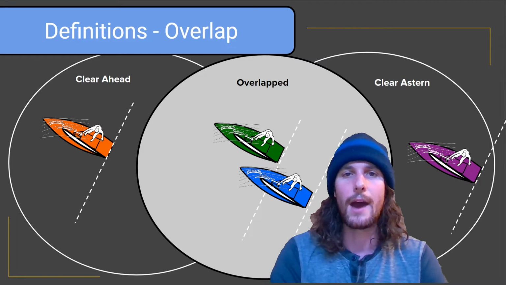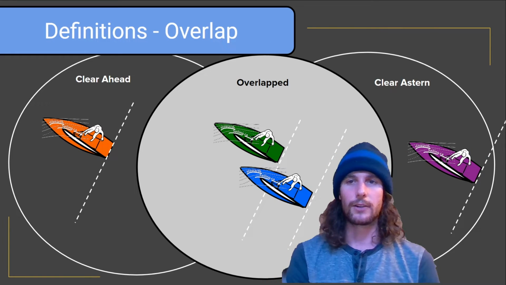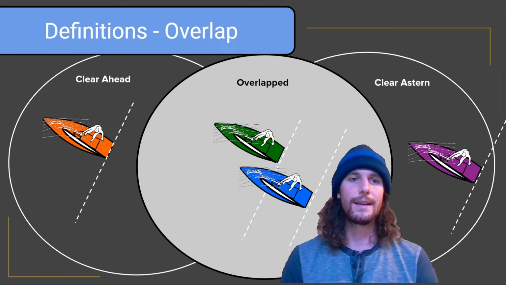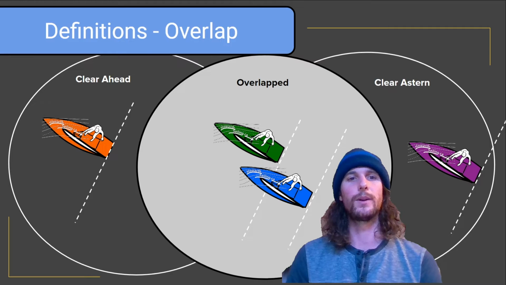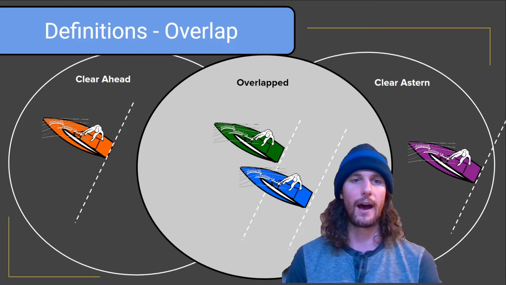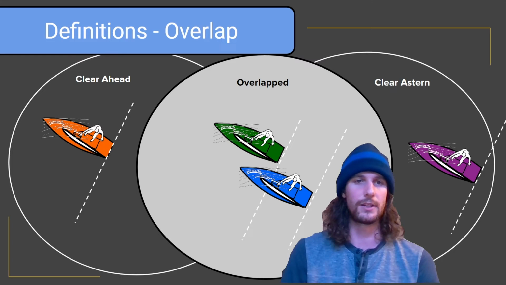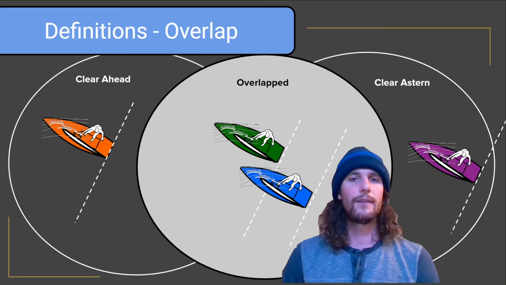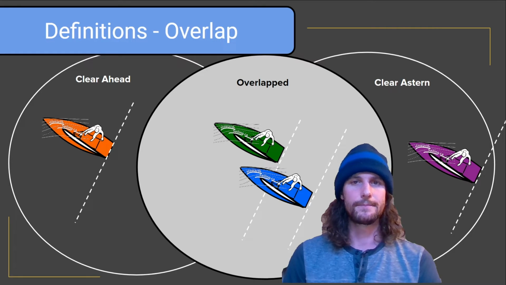So I've drawn out a diagram to show what clear ahead, clear astern, and overlap look like. The orange boat is clear ahead, because when we draw that perpendicular line at the transom, or if there was an overhanging rudder, it would be just off of the overhanging rudder, we can see that none of the boats that are behind cross that perpendicular line.